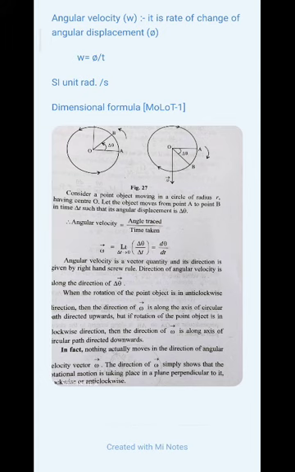So you can see, curl your fingers from A to B, and the thumb will give the direction of omega at O. Similarly, if you curl the fingers clockwise, the thumb will point downwards. So that will be the direction of omega.